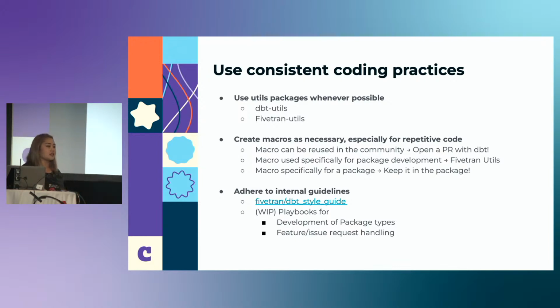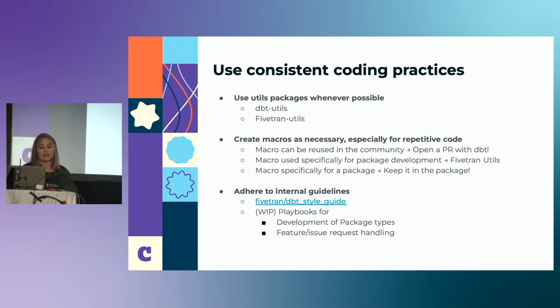We do realize that our team is very unique in this ecosystem, and so macros that are specifically used for package development, we typically will try to include in our Fivetran utils package. And lastly, there are macros that are a one-time use case where we just will include that in our packages.